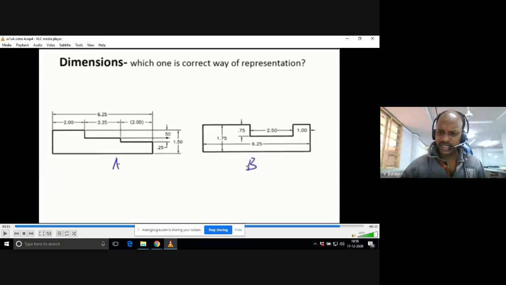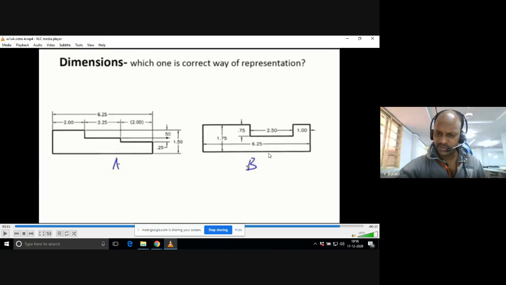Please tell me. Why B is not correct means, here you see 1.75 is kept inside the diagram itself, inside the object itself. That is not accepted. That 1.75 should be placed outside the drawing area. And similarly, 6.25 is also kept inside the object.